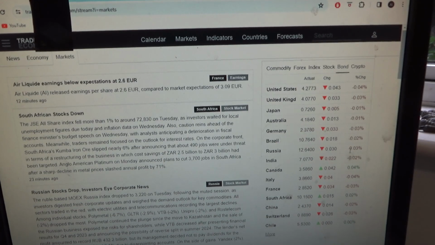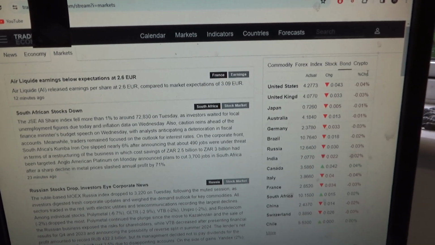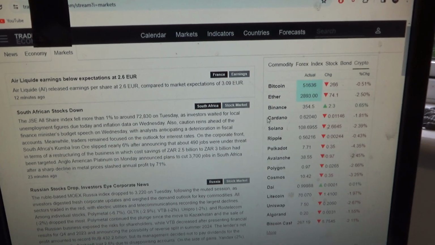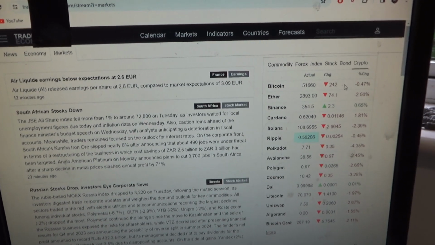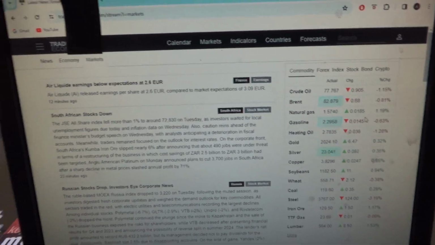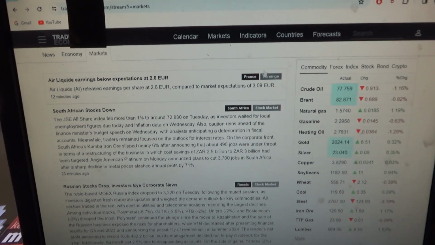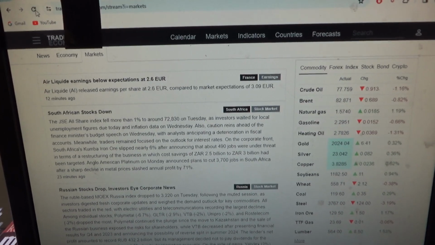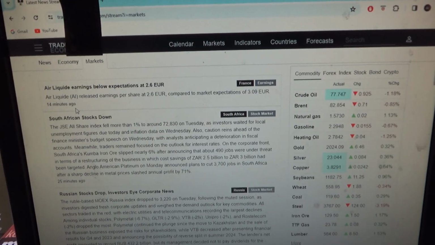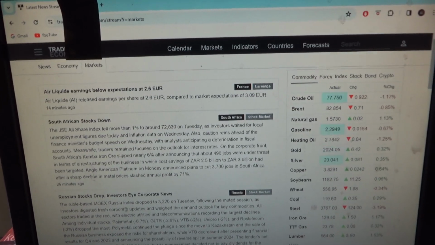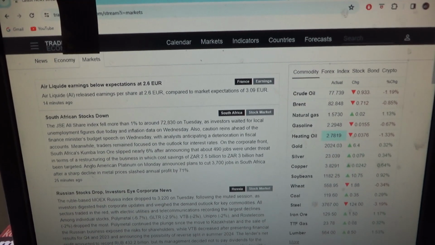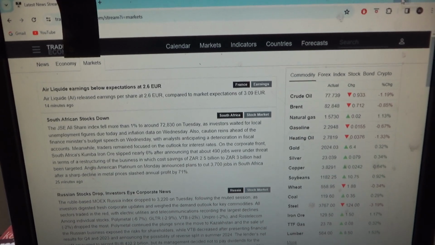The yields are a little bit soft. Not much though. And then crypto, if you're interested in that, you've got Bitcoin and all this stuff there. So just stick it back on commodities. The only thing about this site is you do have to refresh it. So you just click the refresh button and you see if it's changed. But they write it up in quite a succinct, nice way, and that's useful. So that's what we're doing there.